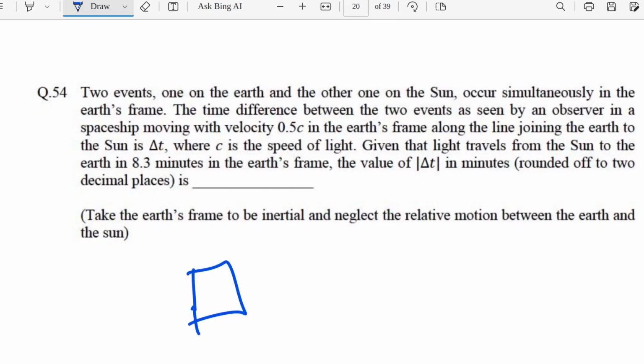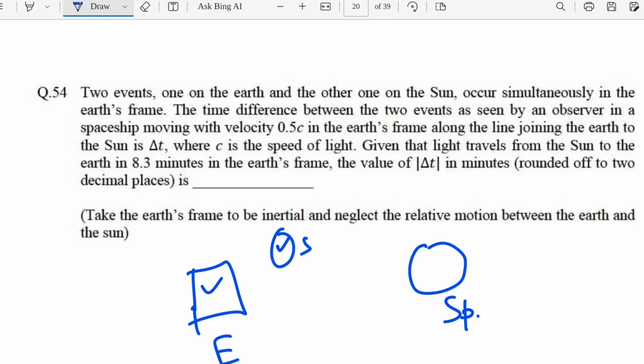I am writing a pictorial representation here so that you can understand. This is, let's say, the earth, and this is a spaceship. Somewhere there is a sun. So two events are there. One event happened on earth and another happened on the sun, and these two happened simultaneously in the earth's frame.